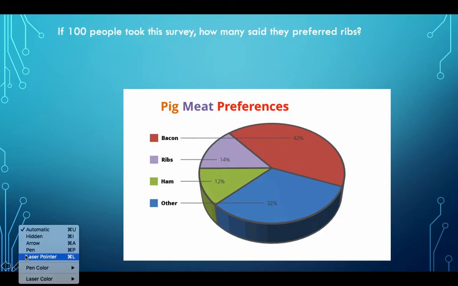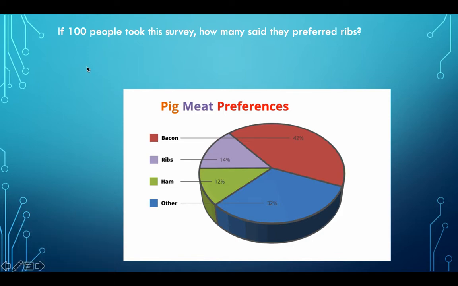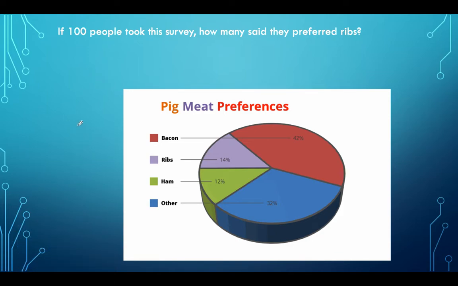If 100 people took this survey, how many said they preferred ribs? Okay, so there's going to be, I think, 2 of these on your homework. And basically, if you recall from the beginning of the year, we need to convert percentages to decimals. So percent to decimal.